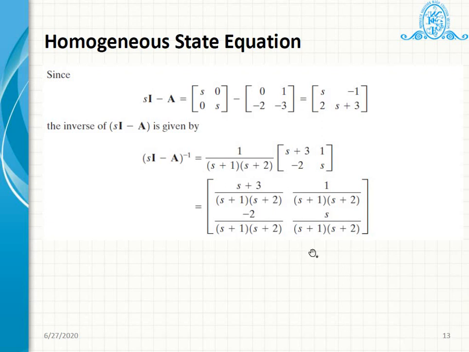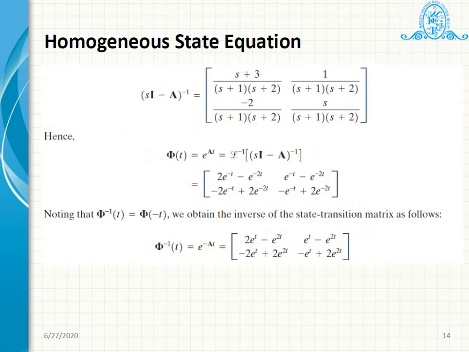Now we need to go for the Laplace inverse. How can we go for the Laplace inverse? Here it is sI minus A inverse. For the Laplace inverse, we need to go by the partial fraction method, and then we can take the Laplace inverse of all the terms. So this will be A1 upon s plus 1 plus B1 upon s plus 2.